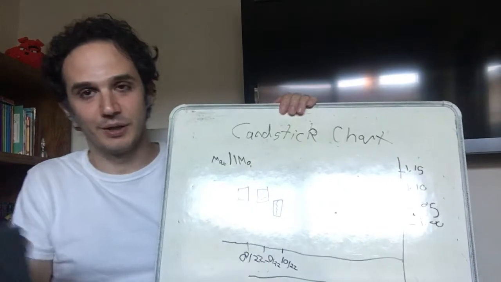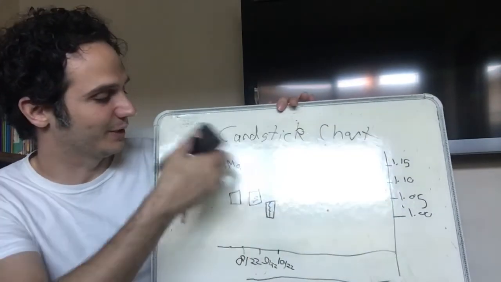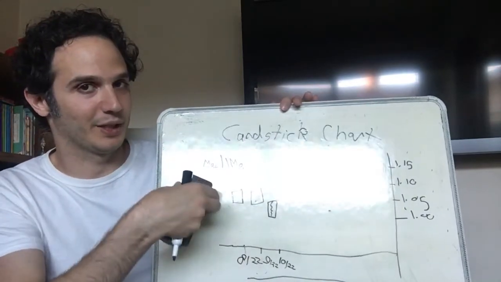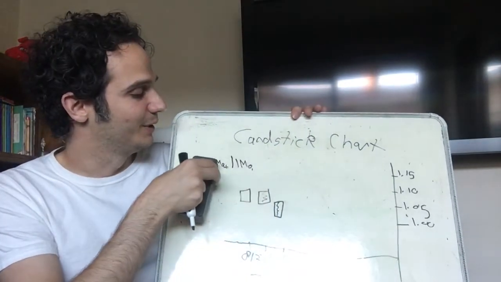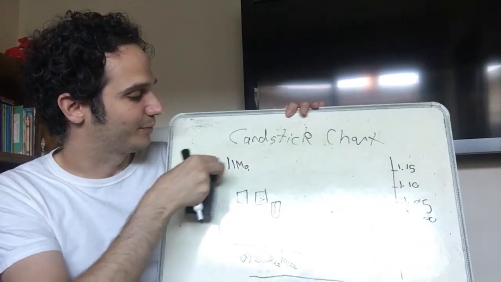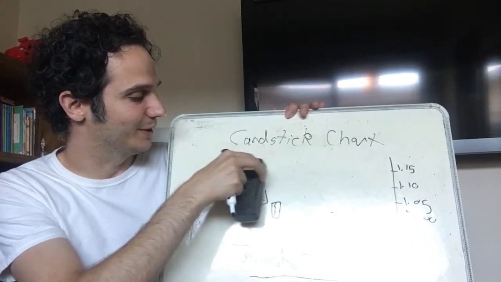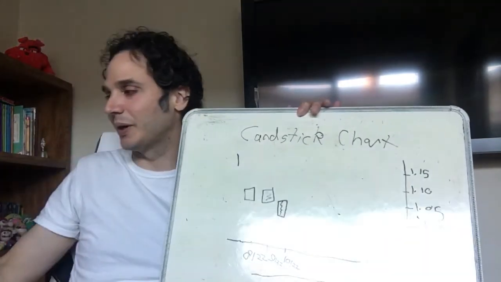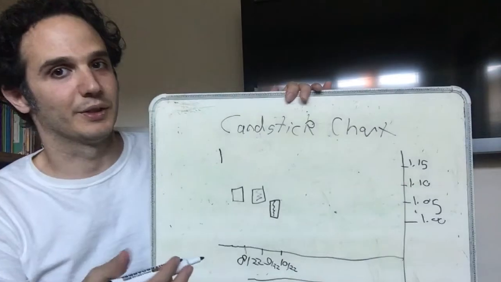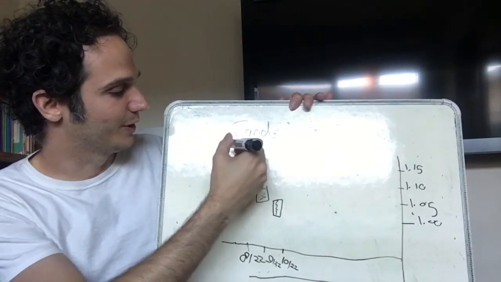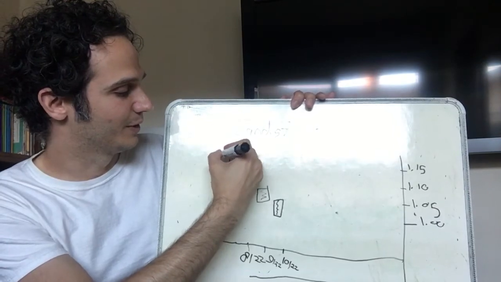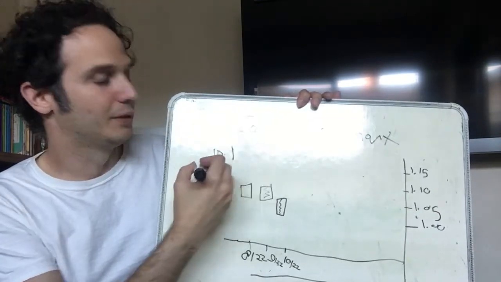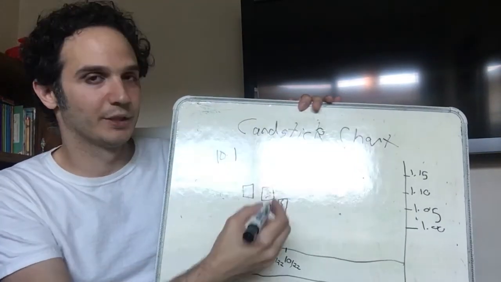Of course, if you're day trading, you're not going to be looking at the daily chart or the monthly chart. You would be looking at the intraday chart. The intraday chart would always be one day and then whatever minutes you're looking at.